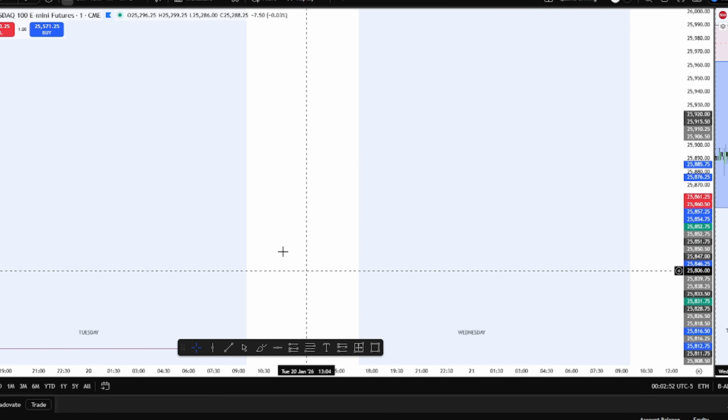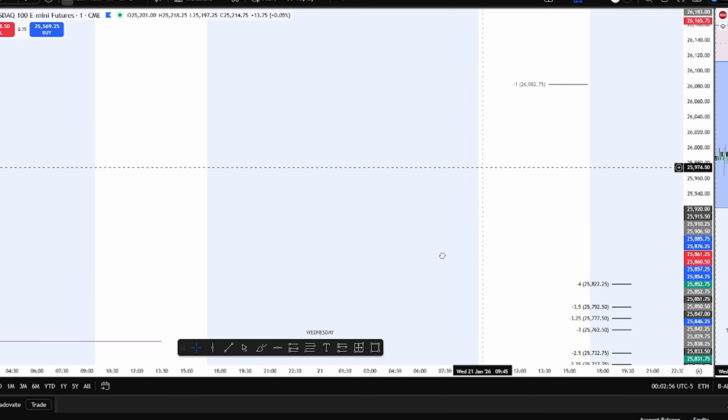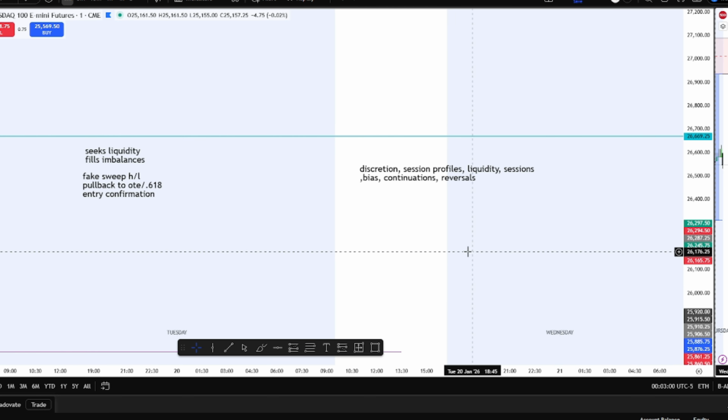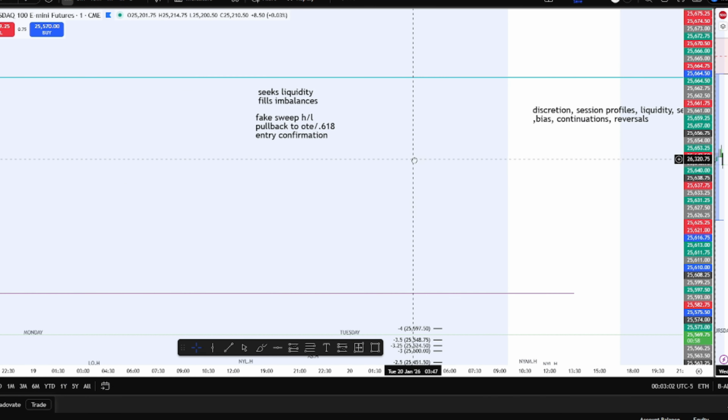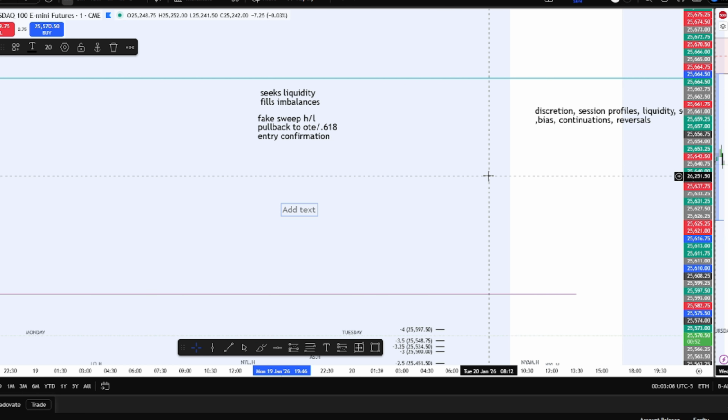Now we're going to get into what the exact risk to reward ratio is and some psychology behind it. It's super simple. I keep it extremely simple. I always have a 12-point stop loss at all times.